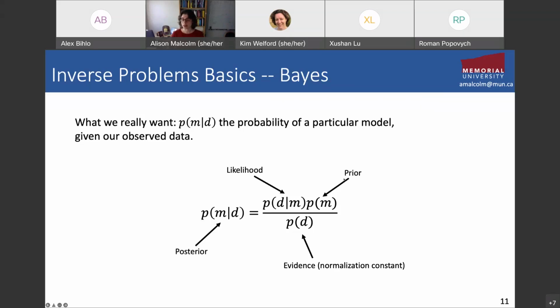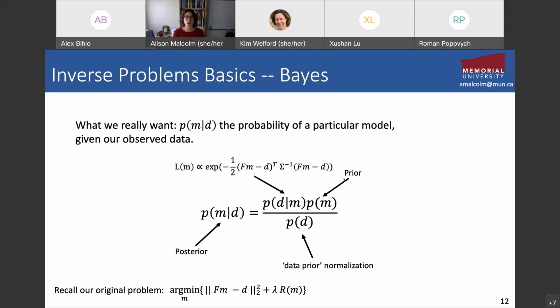In the seismic case, that might be that the seismic velocities lie within a certain range. If you've been injecting CO2 into the subsurface, you know there shouldn't be any change before you started injecting. Those sorts of things go into our prior. And then we have the evidence, which is a normalization constant that we usually largely ignore.